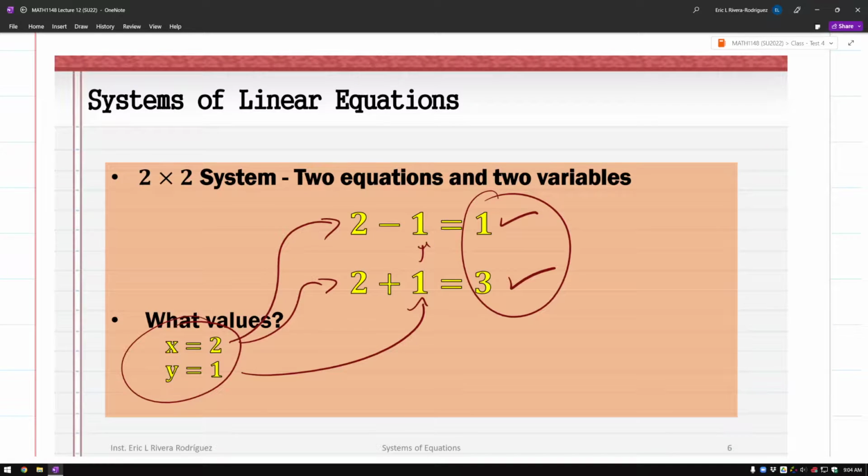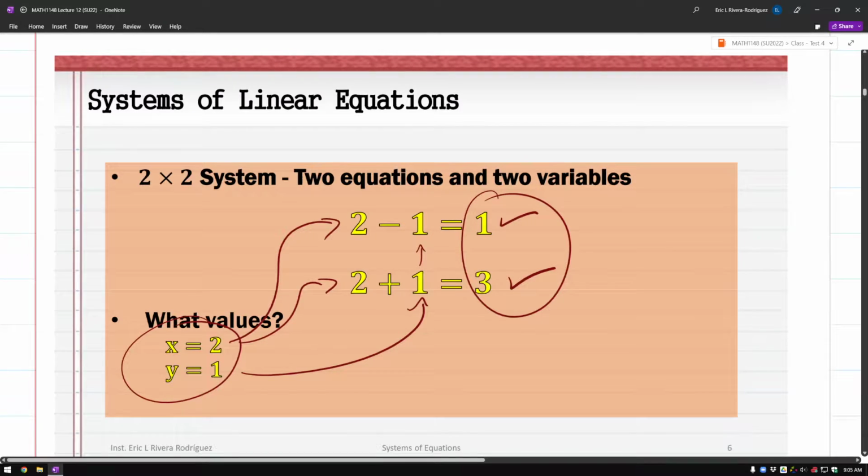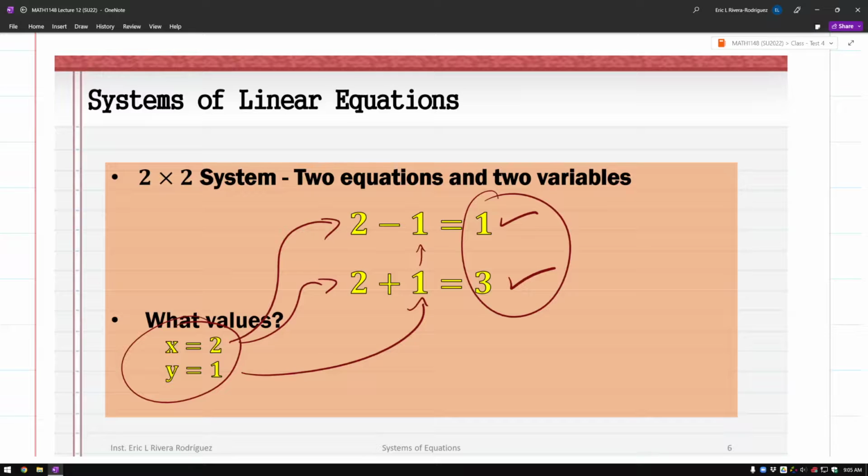Some systems of equations are relatively easy to solve by just guessing those values, the values that fit perfectly for both equations. This 2x2 system is a good example of those systems that we can guess, or find those values in our mind.